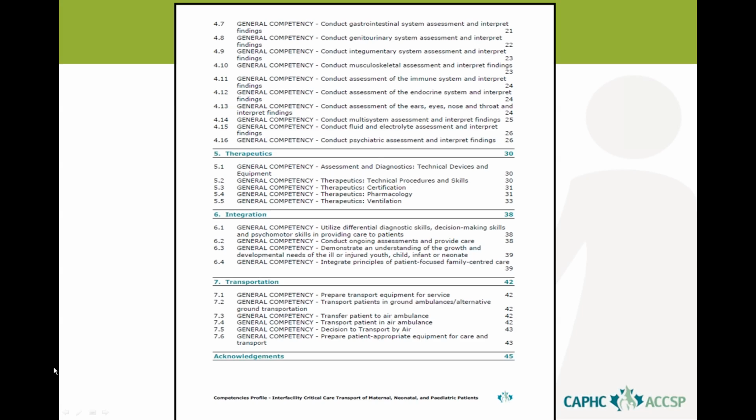So it is really kind of a pick list when you go through this profile document to say, well, we only do this, so therefore here's the things that apply to us, and you could tailor it to your own use. And then we certainly talk about decision making and the transportation safety in the various types of vehicles. We had a very big focus on air, but we also talked about ground ambulances as well.